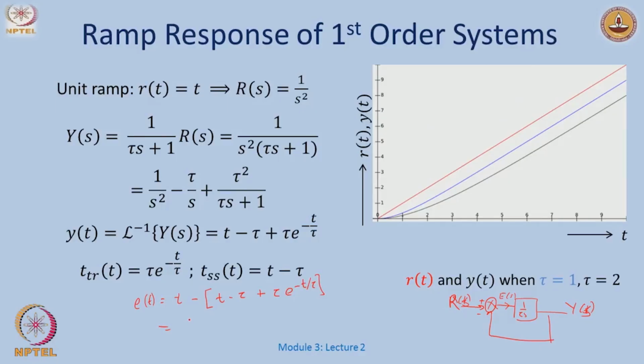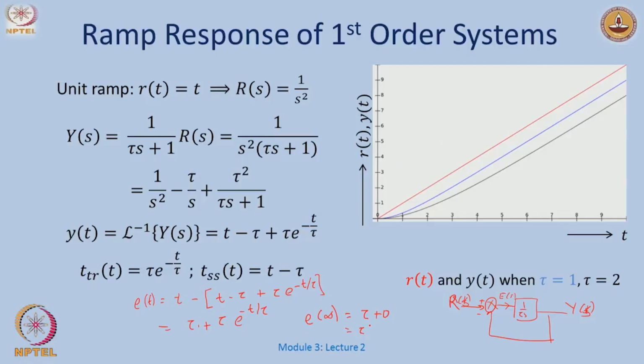So what I am left with is tau plus another tau e power minus t by tau. Now, E at infinity would be tau plus this term, which at infinity will go to 0.